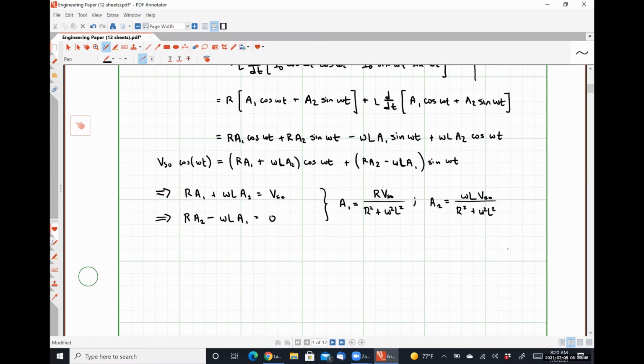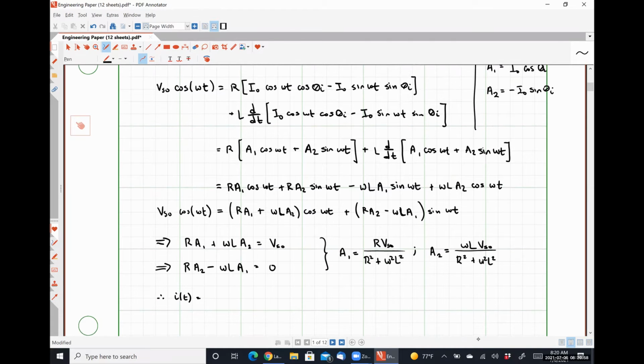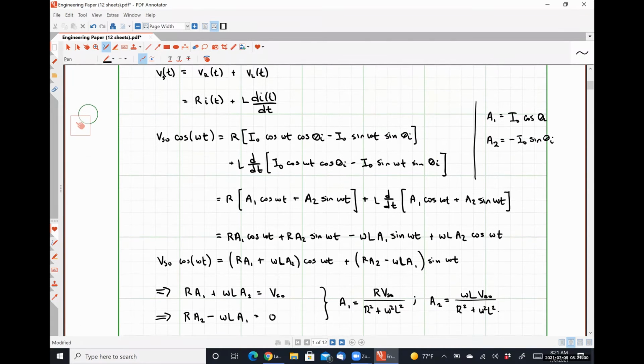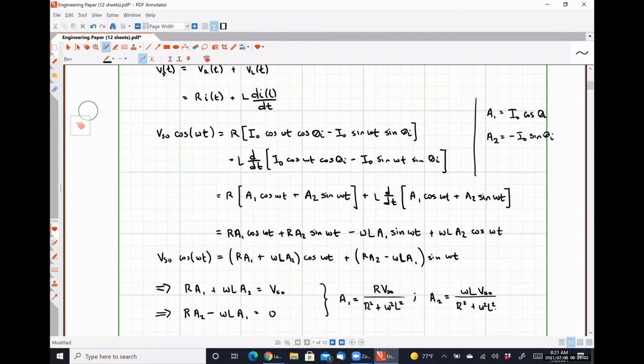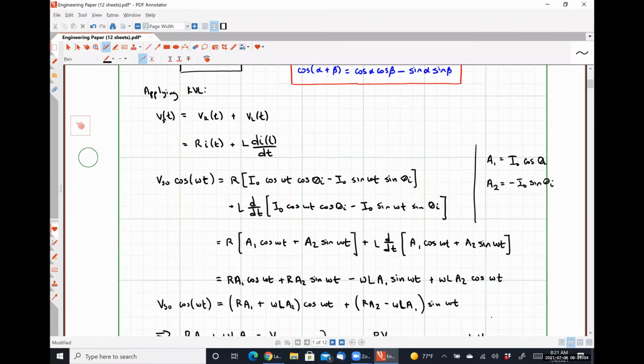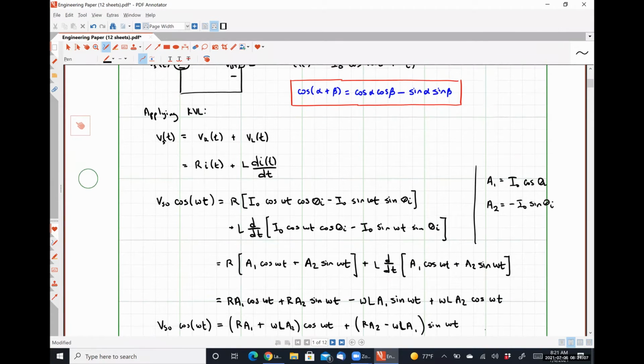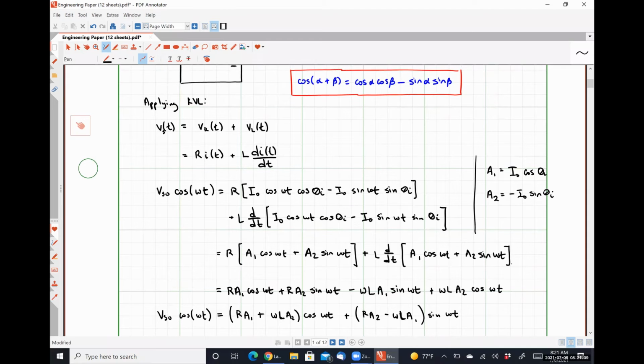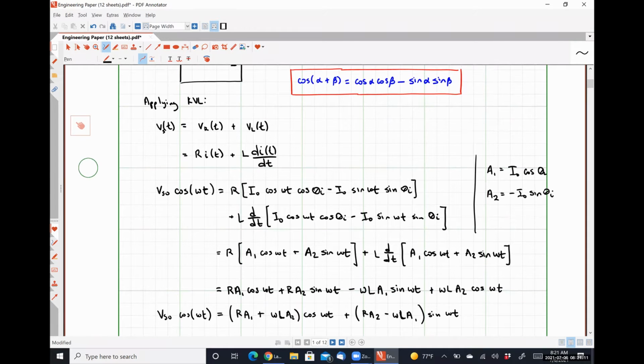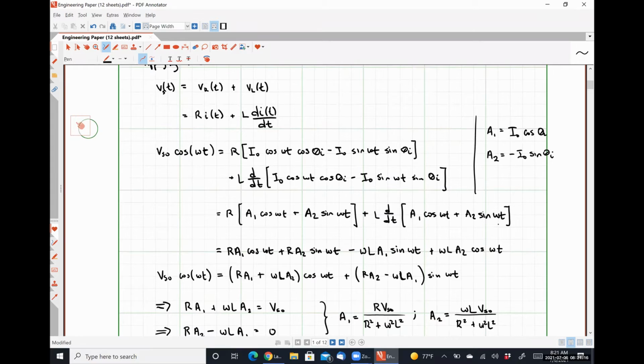From which we can say I of t will be equal to, so up here, let's see, I'm trying to think of how to, so we get to this trig identity thing here, right?